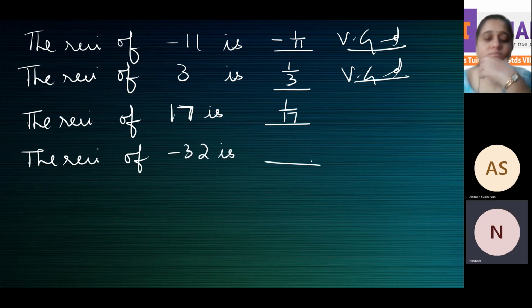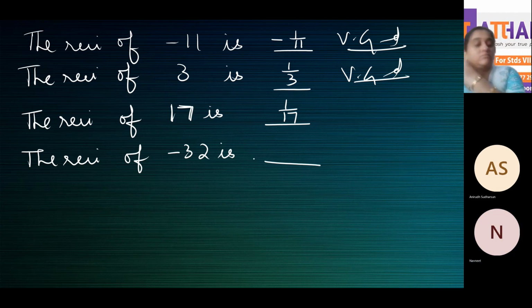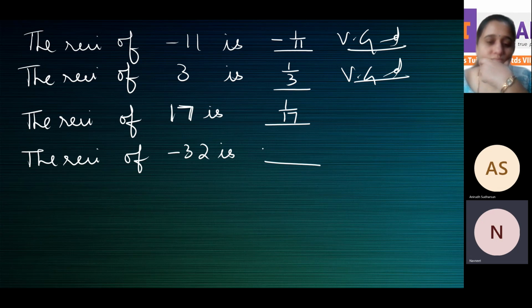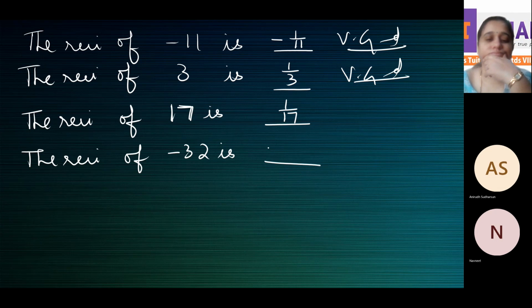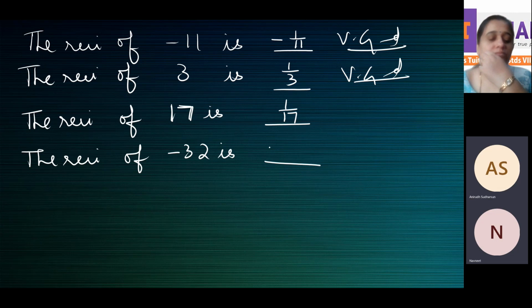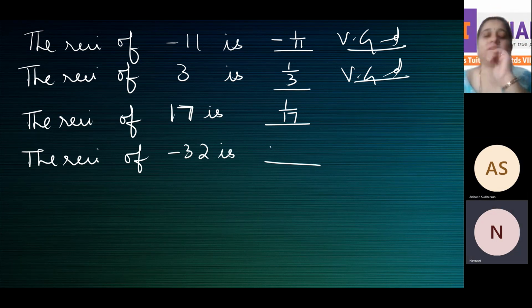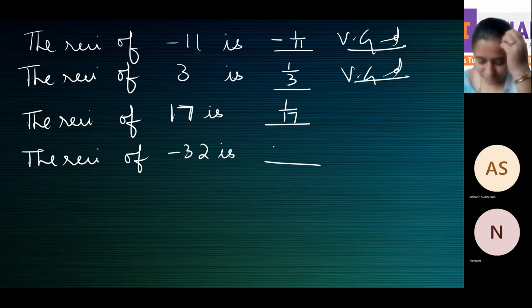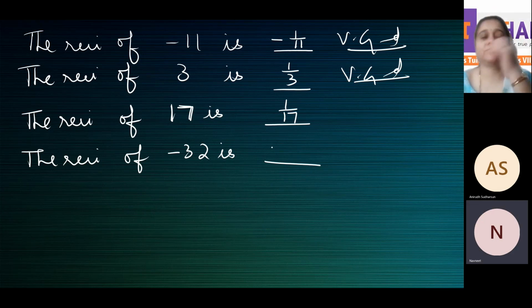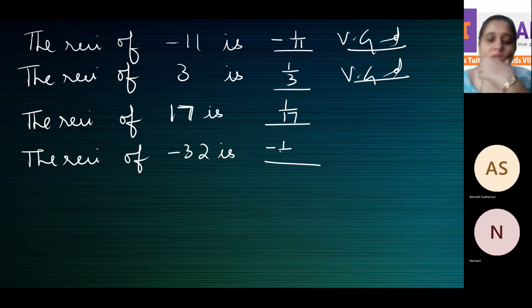Navneet. Okay. Ma'am, the answer is... Ma'am, 1 second. Let me answer. Okay. Fine. He wants to think. Ma'am, -1 by 32.